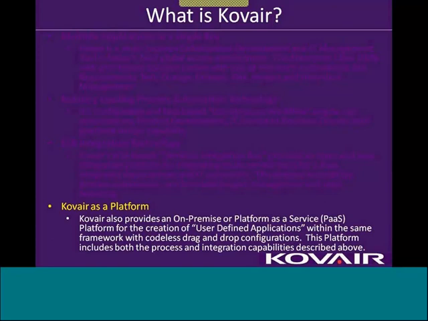Finally, Kovair is also a platform, which means you can create your user-defined business applications, which are as powerful as any of the built-in applications. In fact, the built-in applications are also developed using the same Kovair platform. What is really great is that you can create these applications without writing a single line of code. Everything you can do just by drag and drop.